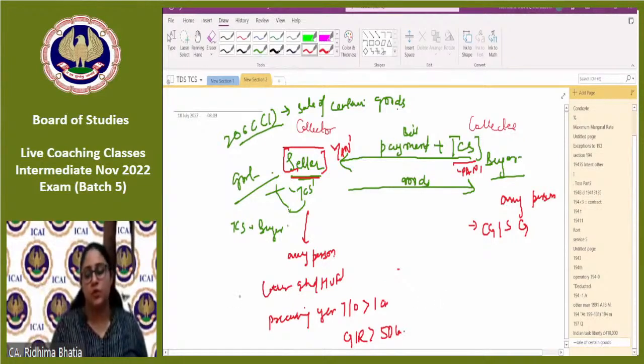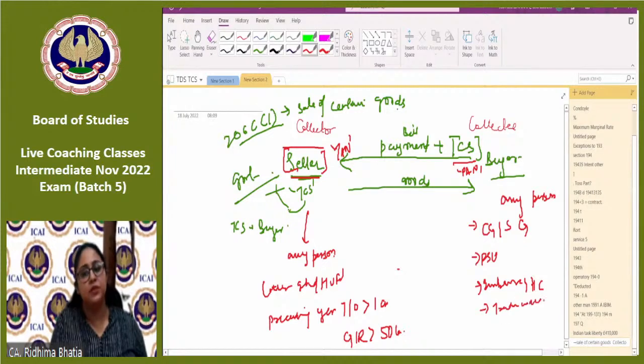No central government, state government, PSUs, लोकल अथॉरिटी, embassies and high commissions. यहाँ पे कुछ क्लब्स भी हैं, ट्रेड यूनियंस. ठीक है, बस just these are important.